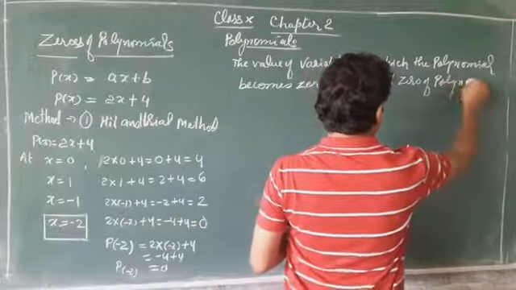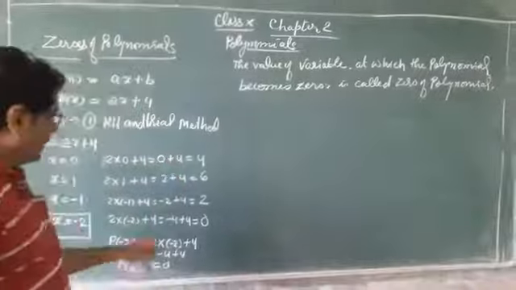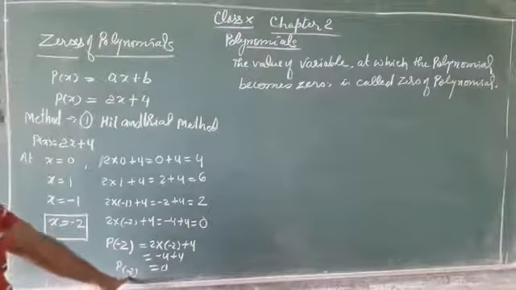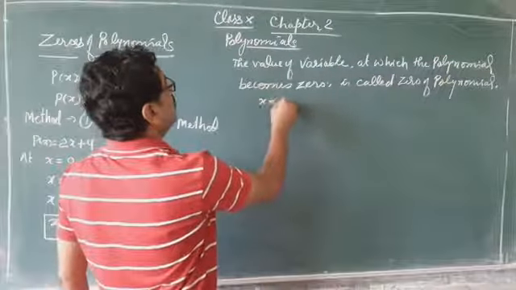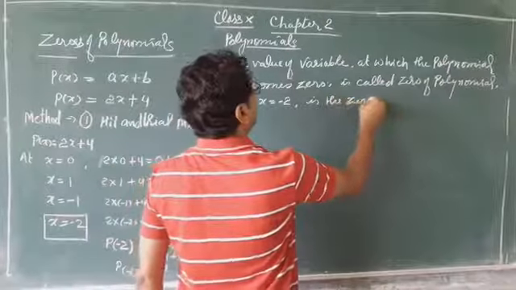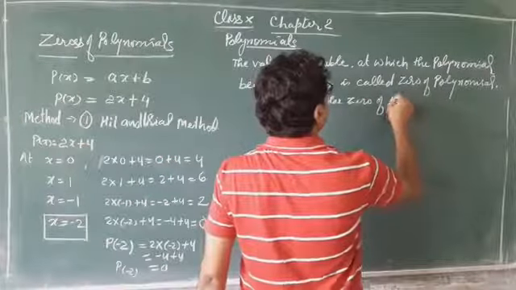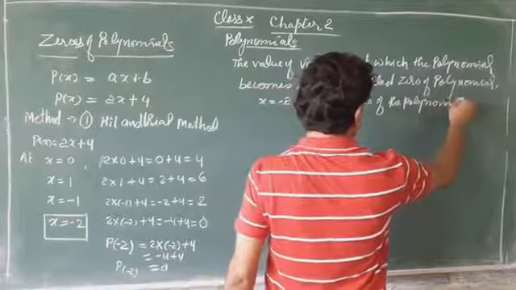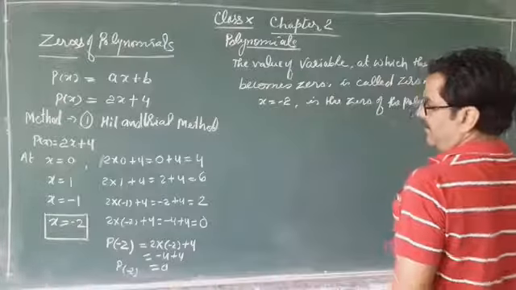Zero of polynomial means, in this polynomial x is equal to -2, so -2 is the zero of the polynomial 2x plus 4.